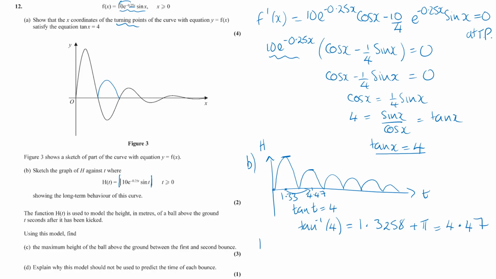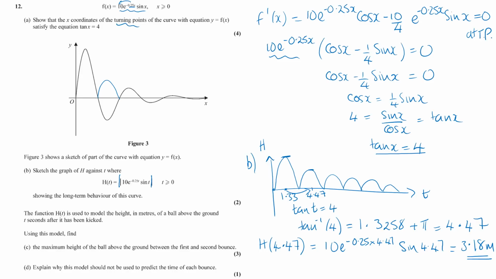So we just need to do h of 4.47 and put that in. So that's going to be 10 e to the minus 0.25 times 4.47 sine of 4.47, and when you put that in your calculator, out will come 3.18 meters. So 3 significant figures. Okay, so that's the maximum height on the second bounce.